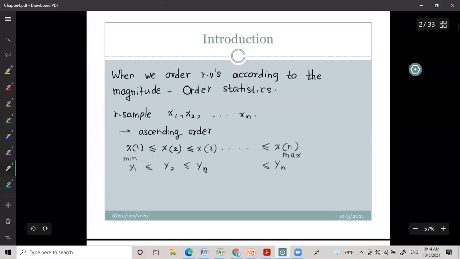X subscript 1 is only the notation of the number, but when you arrange them in order, x parentheses 1 means the smallest number, x parentheses 2 is the second one, and so on, going up to the maximum. We denote them using y1, y2, up to yn. So y1 is the smallest observation.